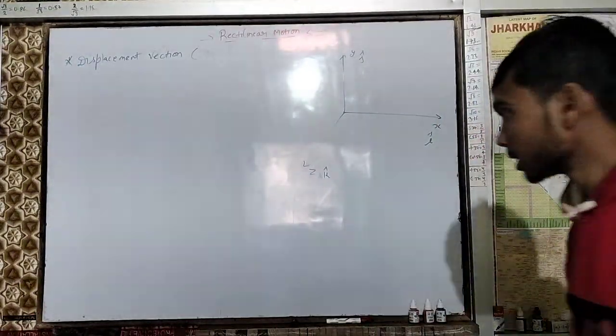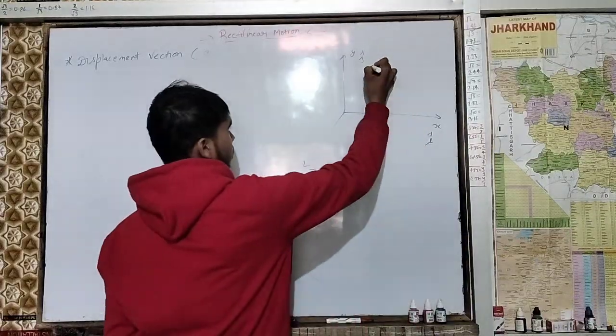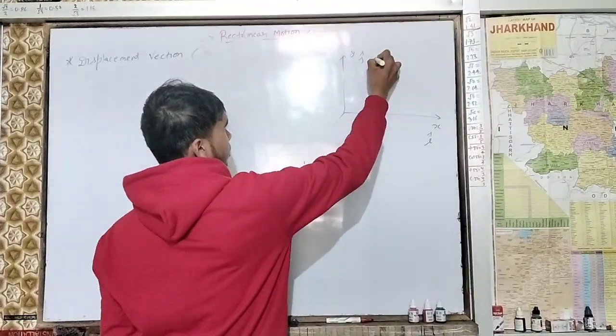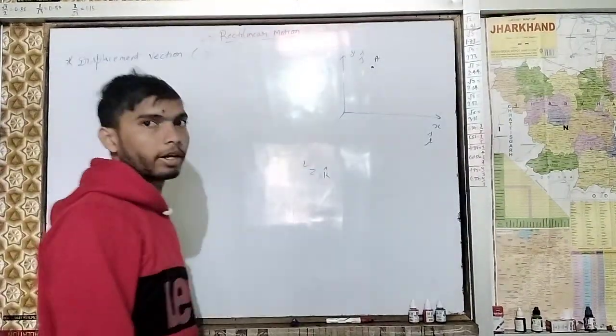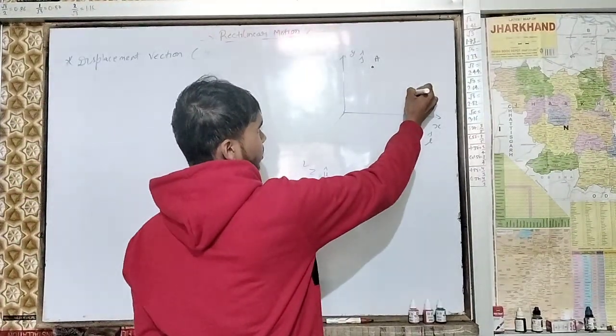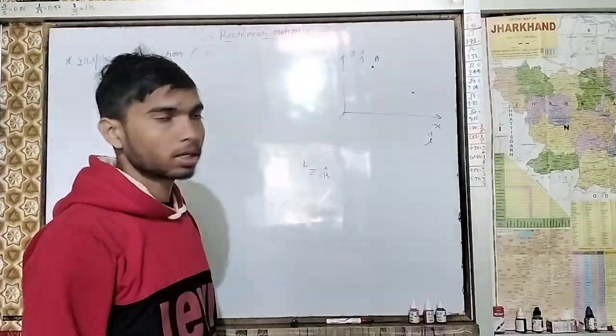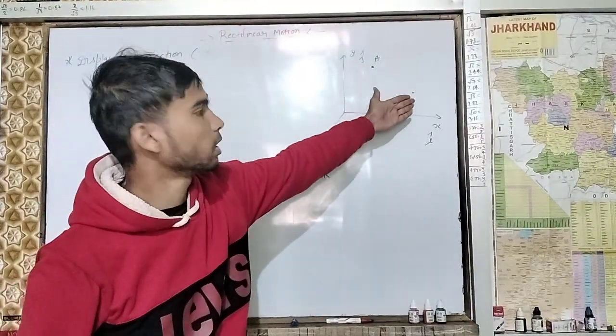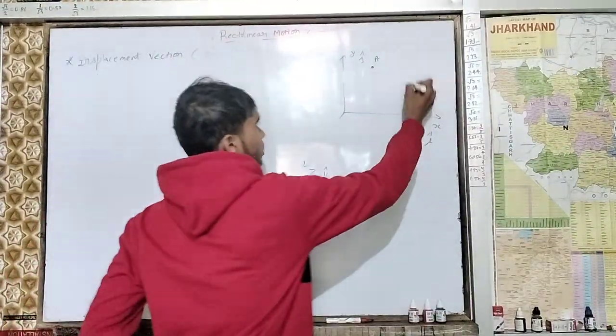Let's say there is a body over here. The name of this body is A. And there is another body, it's not another, but it is placed over here with some distance.